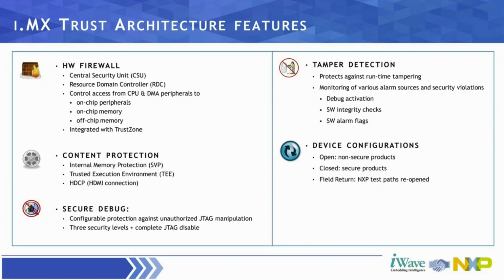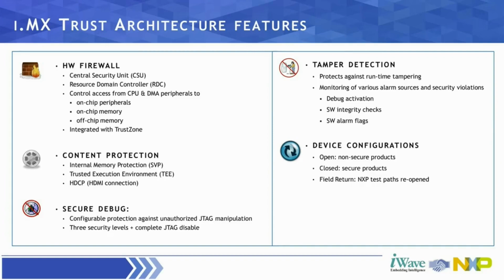Device configuration. There is what we call a life cycle for the device. We start with an open configuration, where, as I said, there are no secrets, there is no authentication, and development is made easier. Then we move through the life cycle until the closed life cycle.